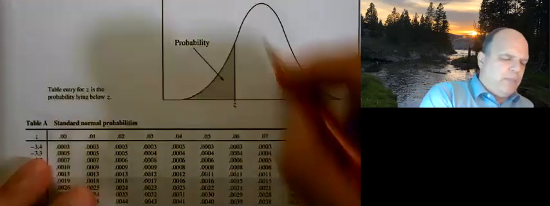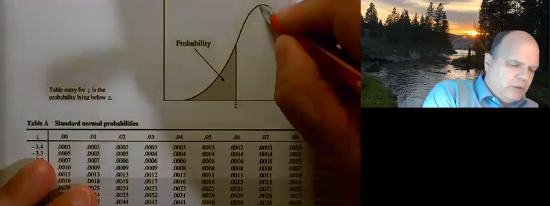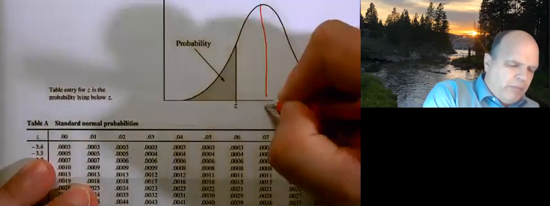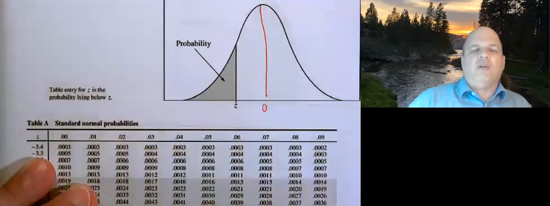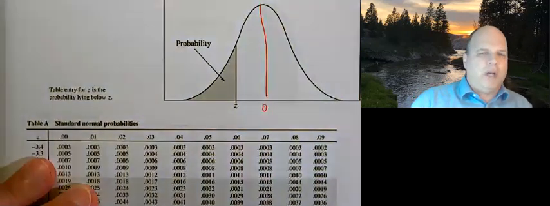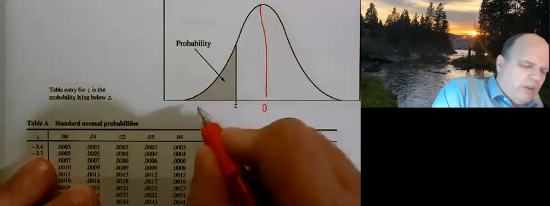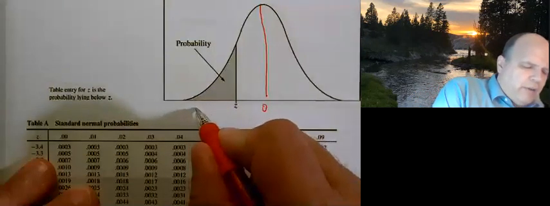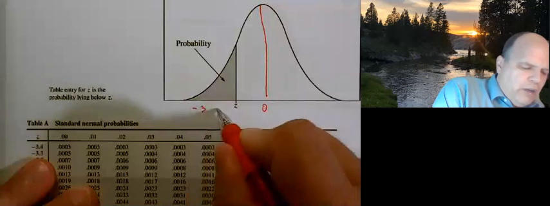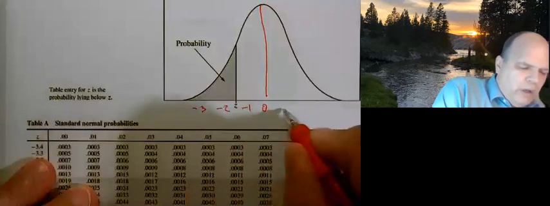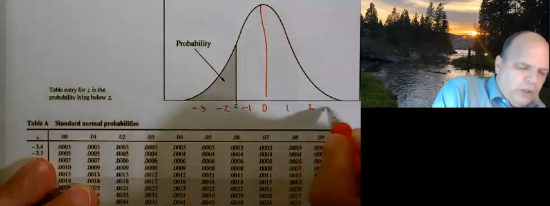These are based on standard normals, and don't worry about that right now, but they've centered everything at 0. So basically, we have a -3 down here, a -2, a -1, a 1, a 2, and a 3.